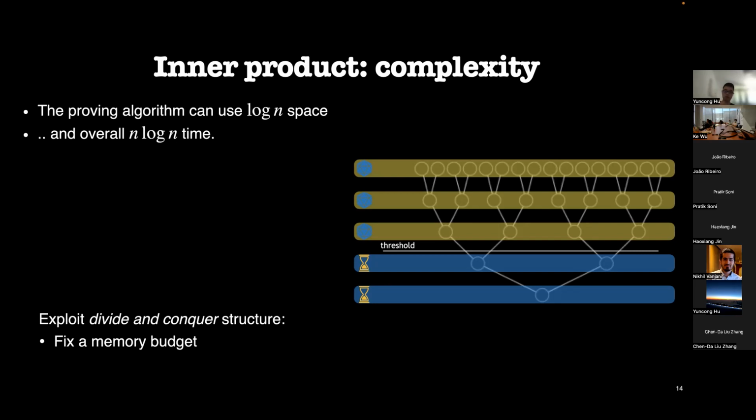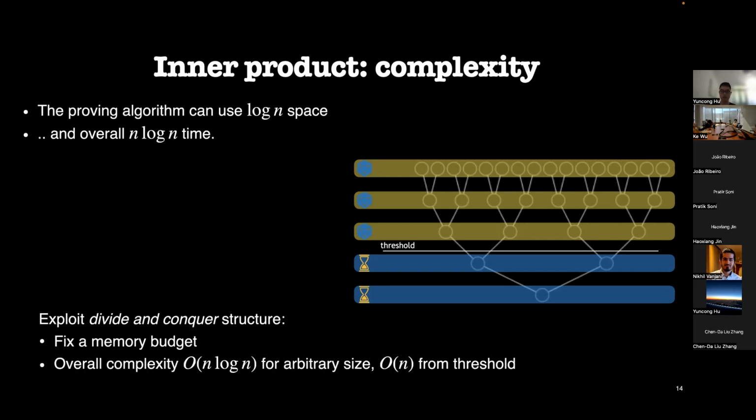So for the large proving instance, outside the threshold, you use the space efficient realization: just use the stack, fetch the elements, and create the stream of the vector for each round. At some point, the vector itself can be stored in memory. Then you just create the whole vector at this level, and continue with the time efficient realization for the rest of the protocol. The overall complexity for arbitrary size is n log n, and when you are below the threshold for the memory budget, it only requires linear time.